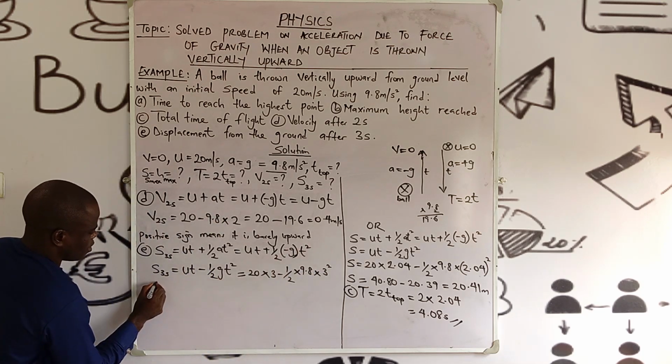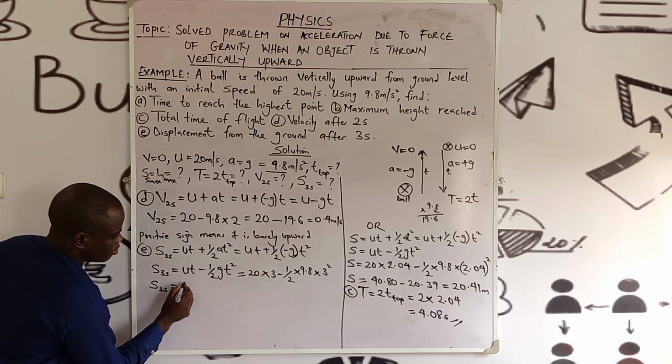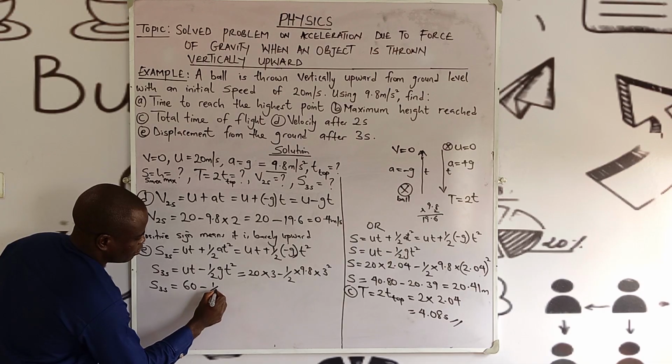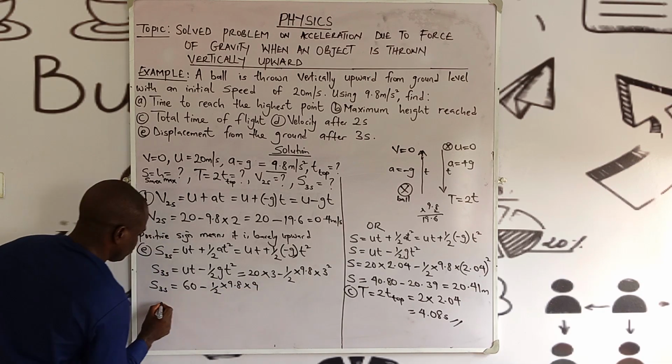Square the time. s at 3 seconds equals 20 times 3, that's 60, minus half times 9.8 times 9.